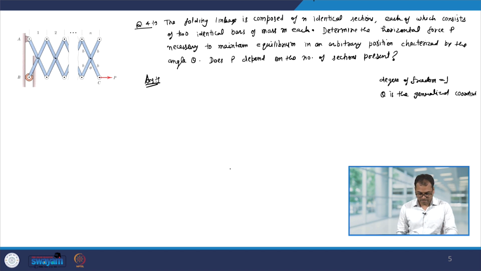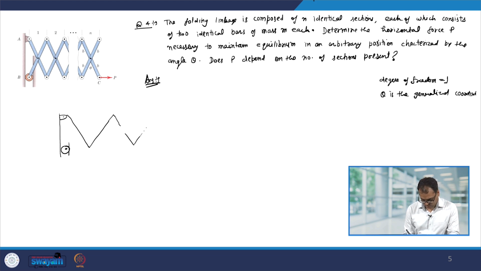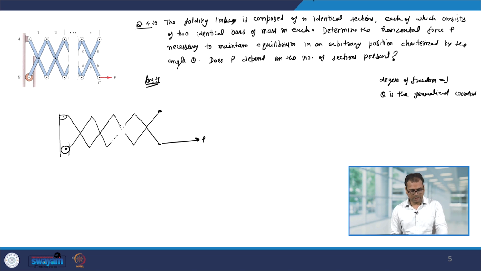And let me draw the schematic once again. And here you are applying a force P, this angle is given as theta.